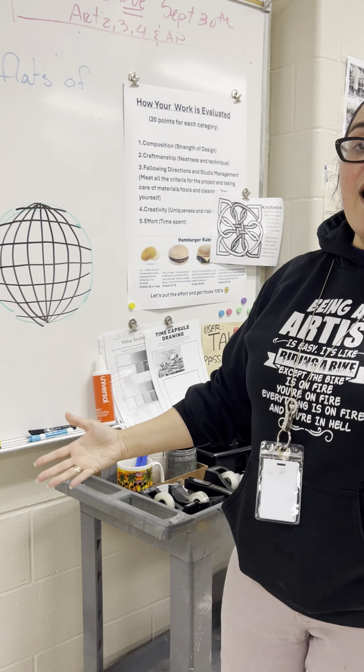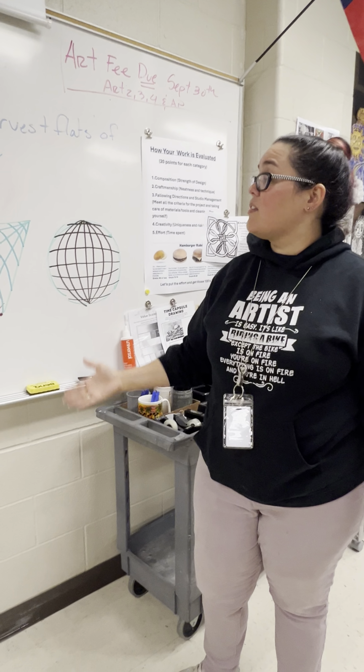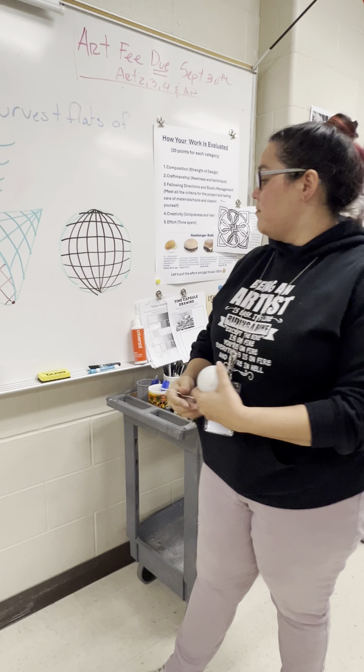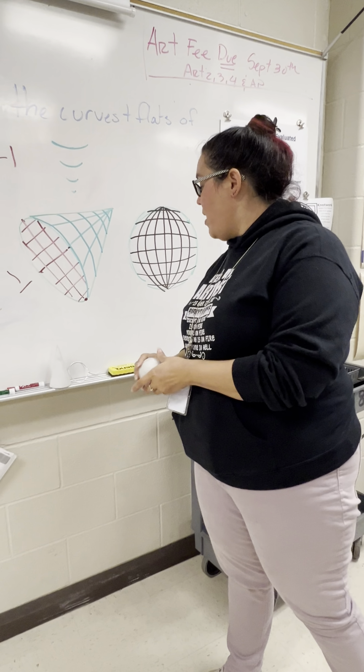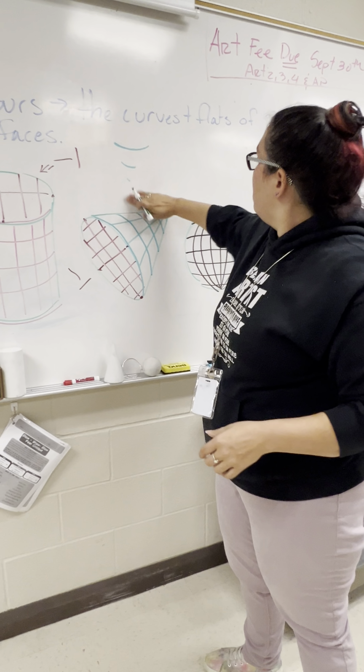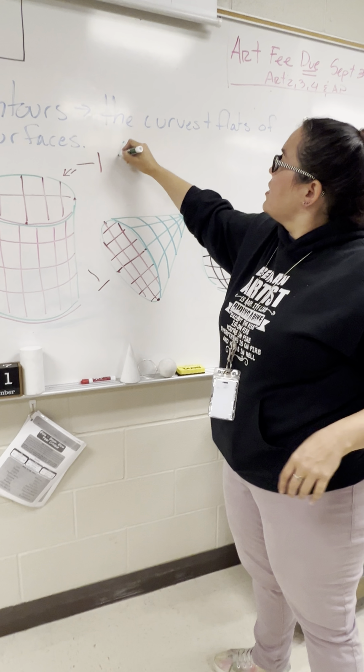All right, so now we have all of these different contour grids for these different shapes. And again, if I had these shapes in a drawing, what I would need to remember for shading is this. Give yourself a little star.